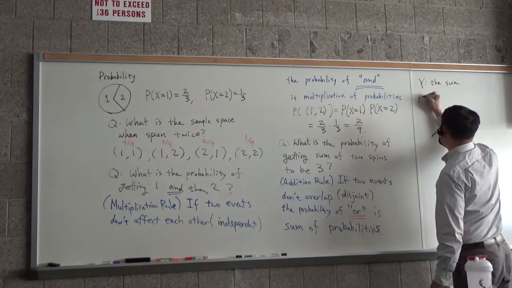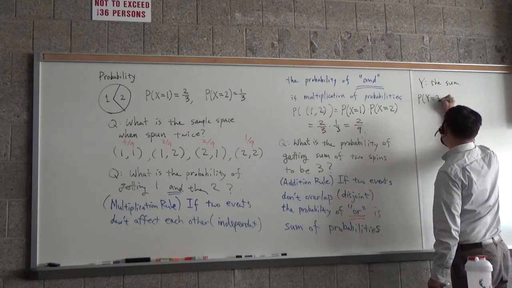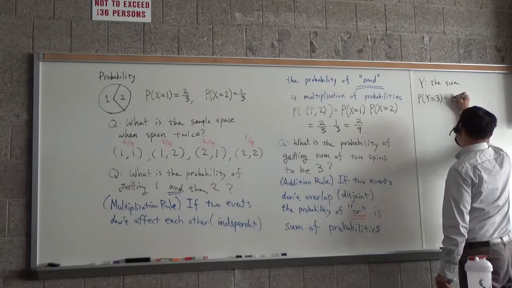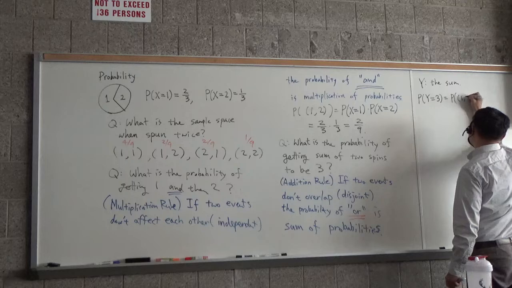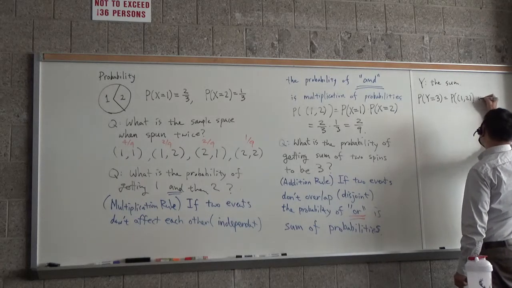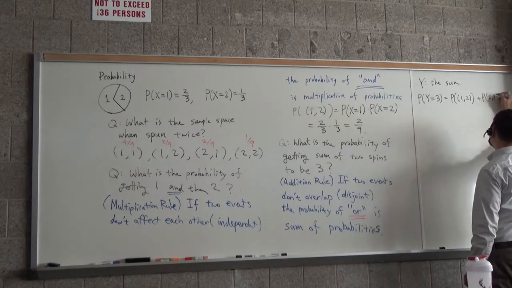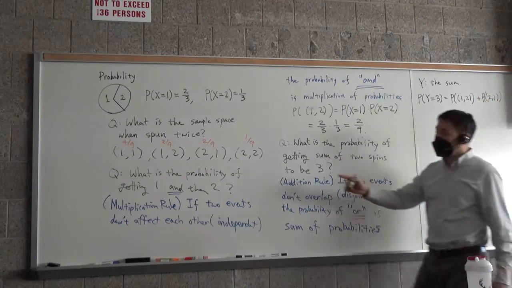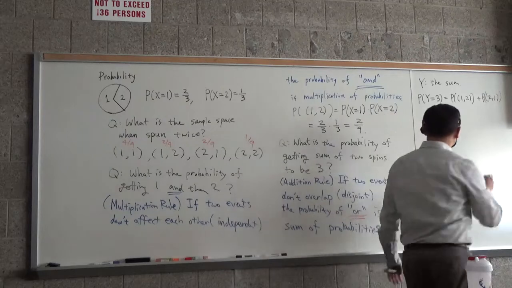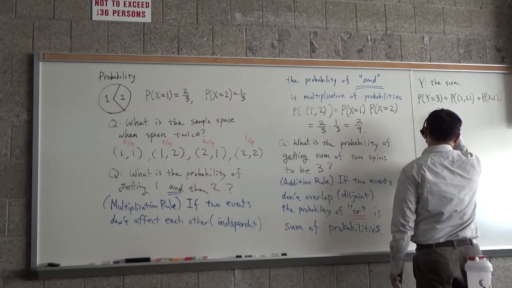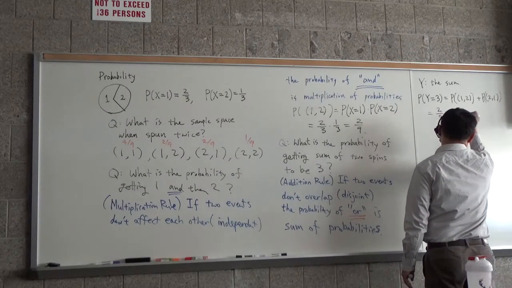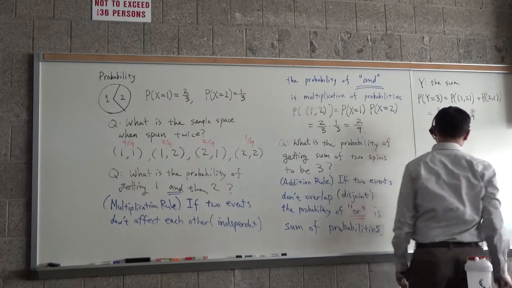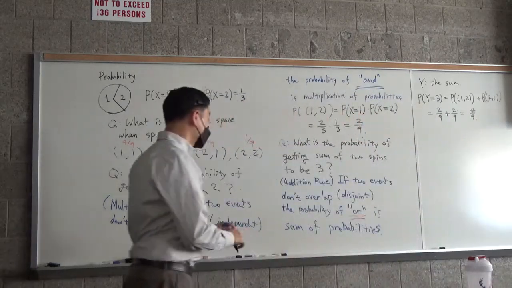So the probability of getting y equals 3 is actually the probability of two events. It's either 1, 2 or 2, 1, right? These two, and you have 2 ninths and 2 ninths, and you add them up.